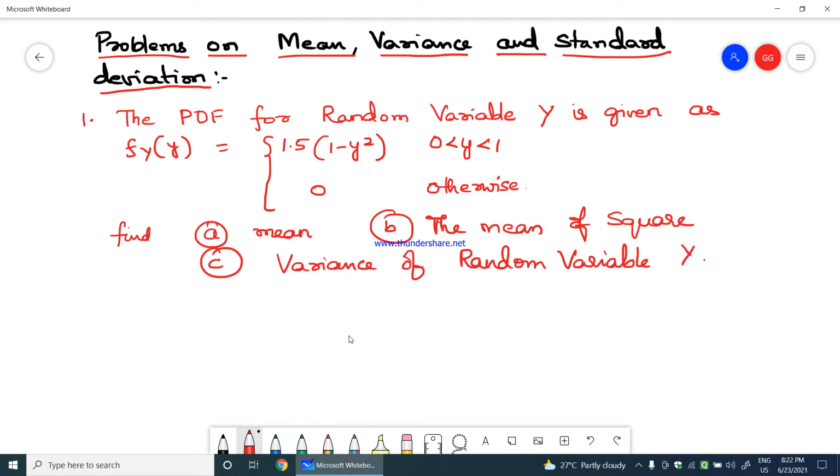Now we are asked here to find out the mean of this particular function. Then they have asked to find out the mean of square, and then we need to find out the variance.